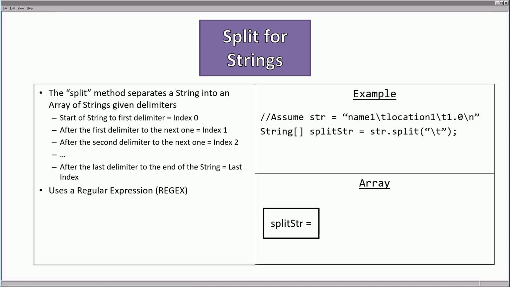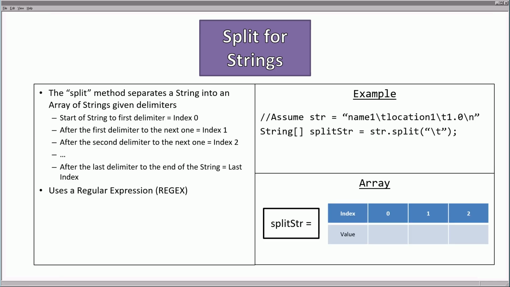Now, if we have this example up here, let's just say assume that this str that we're calling the method from is equal to this string, name1 tab, location1 tab 1.0, and we're going to split based on this tab. What happens is an array is constructed based on the number of times that this character appears. So since this appears twice, we know we have 1, 2, 3 fields, so this array is of size 3.